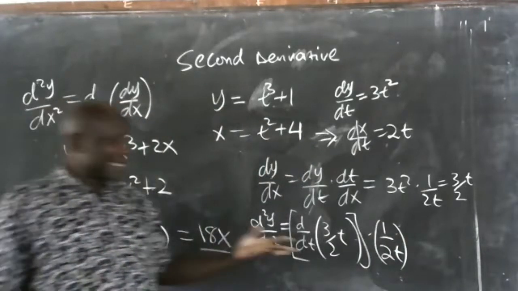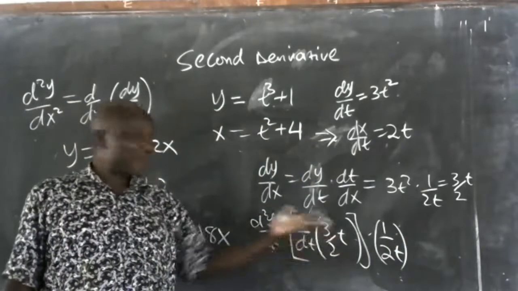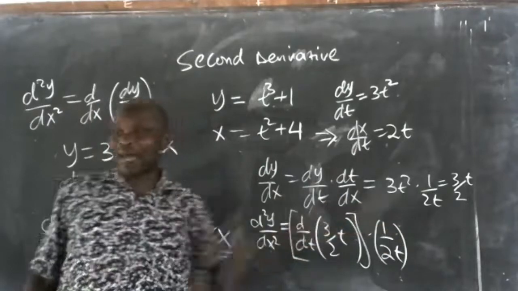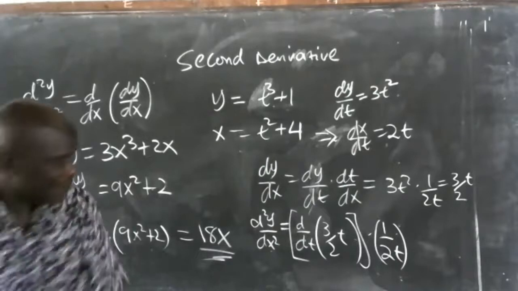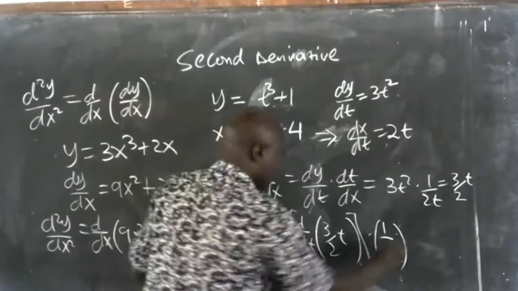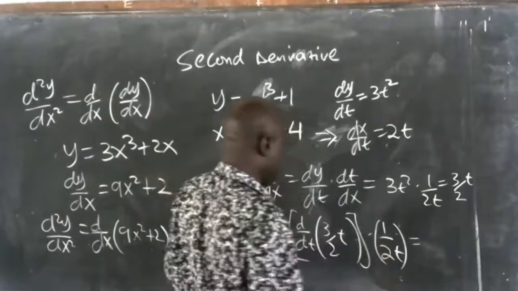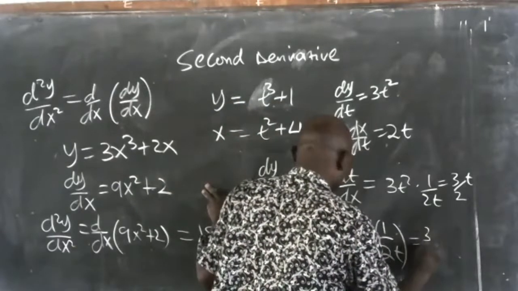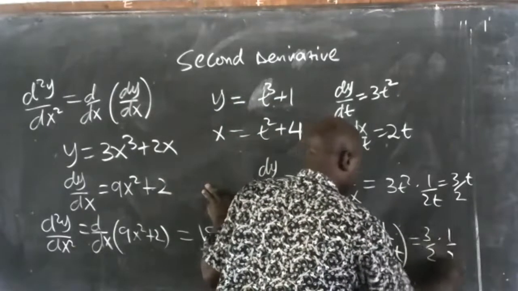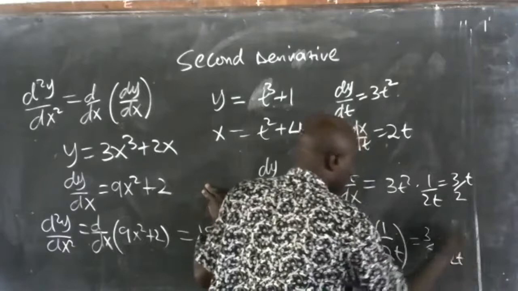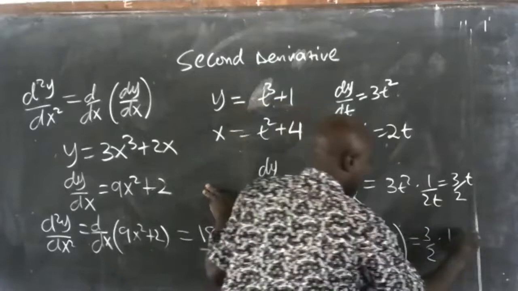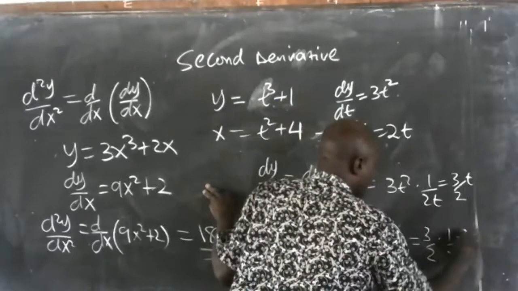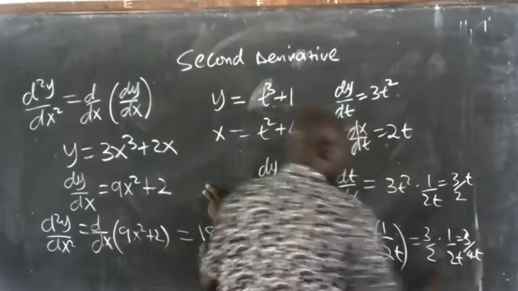So this becomes 3 over 2 times 1 over 2t, which is 3 over 4t.